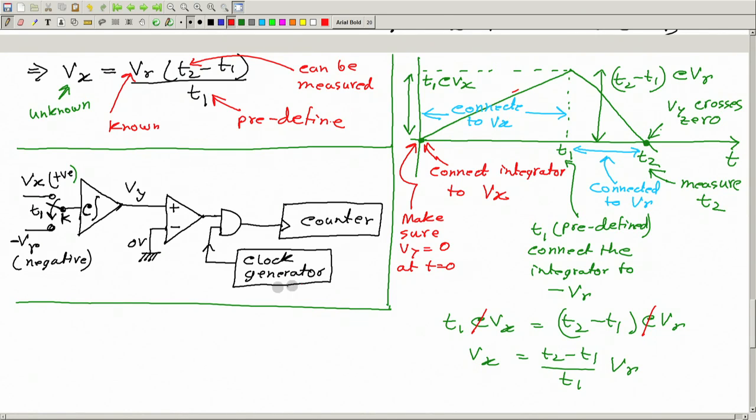So, does it have any role at all in the measurement? Yes, it has. How? Because we actually do not measure this time T1 or T2. We measure the number of clock pulses in these two periods, or we see the counter value in this period and in this period. So, actually we do not have the value of T1 or T2.